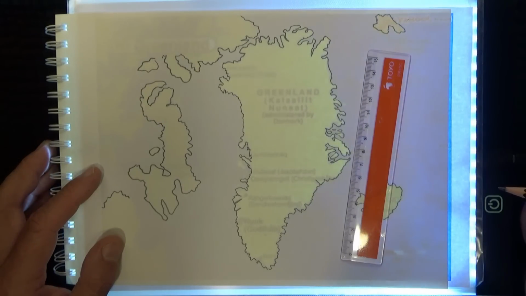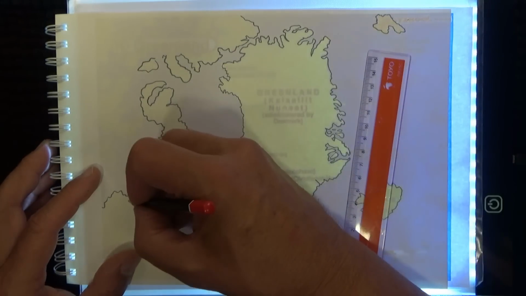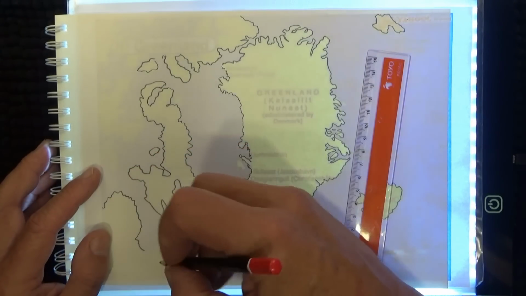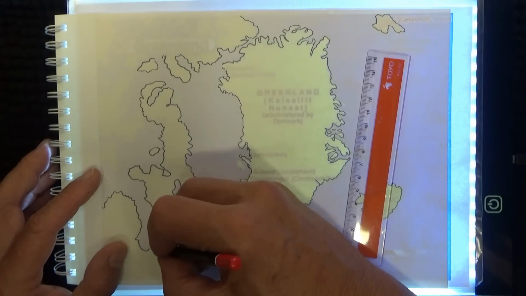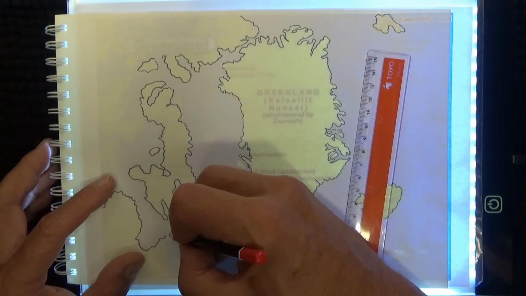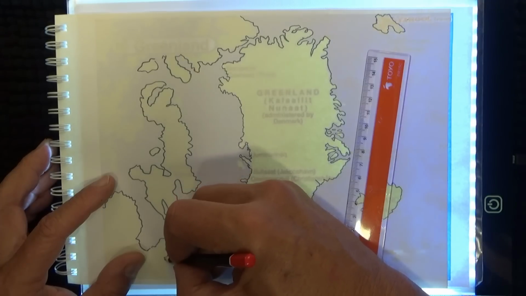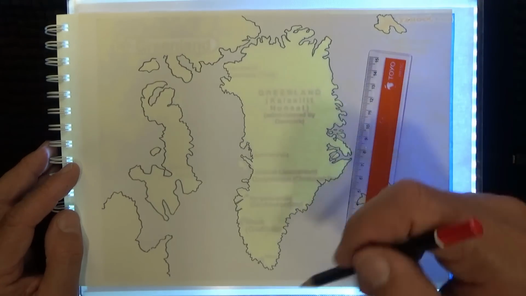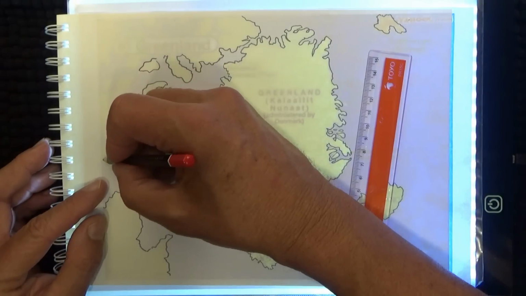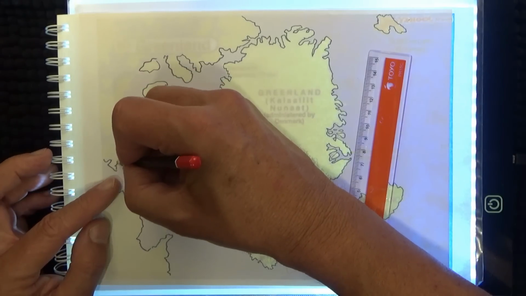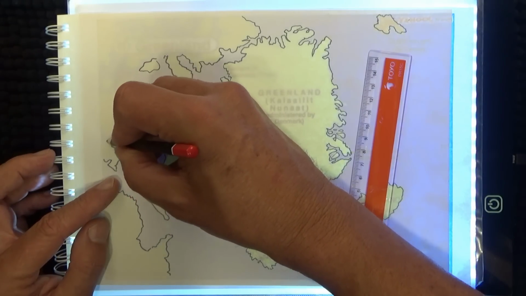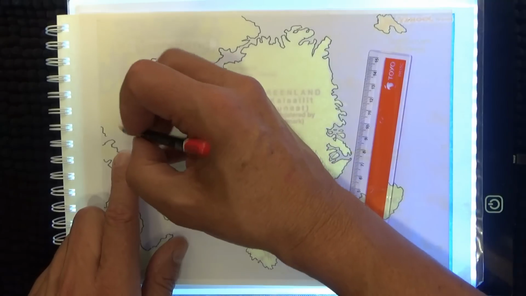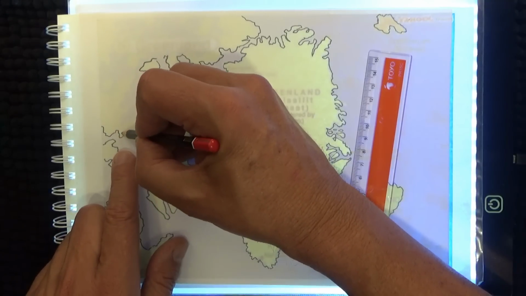What was I going to say? Oh yeah. So the population of Greenland, and I'll write all these facts out later on, is about 55,000, and they are full citizens of Denmark.